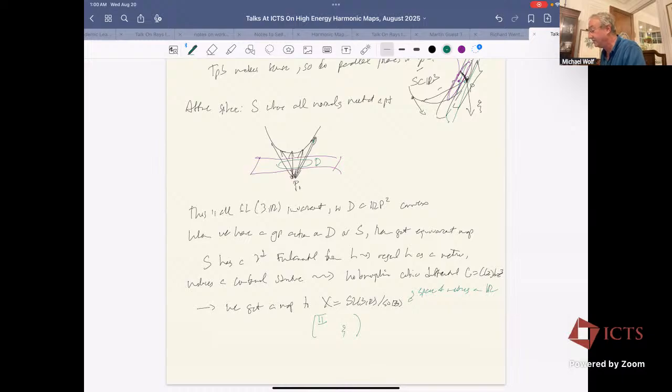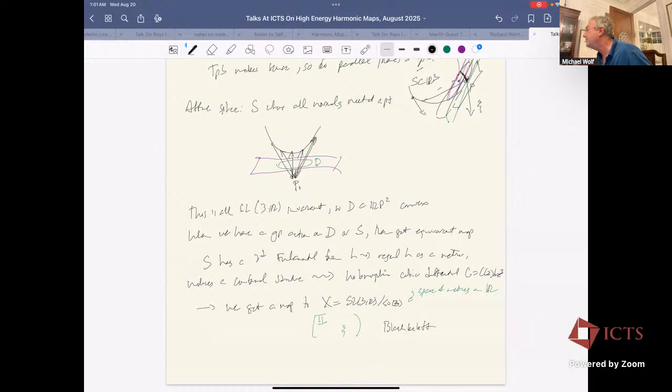And so if we had some sort of group action, now we have a group action acting on SL3R mod SO3. I'll come back to this in a minute. This is called the Blaschke lift.